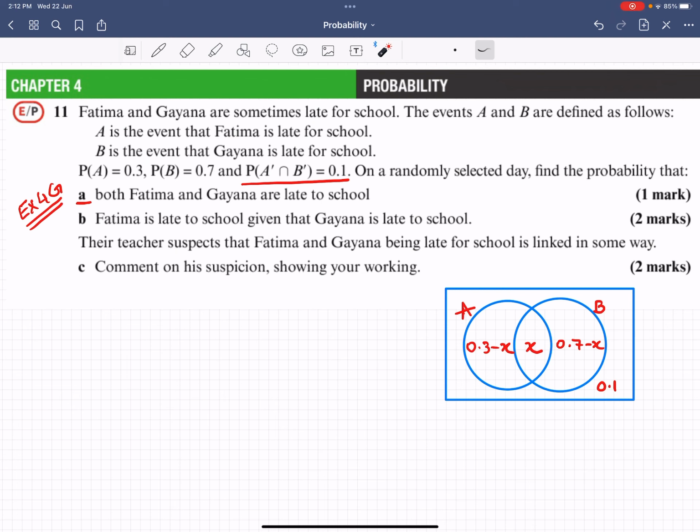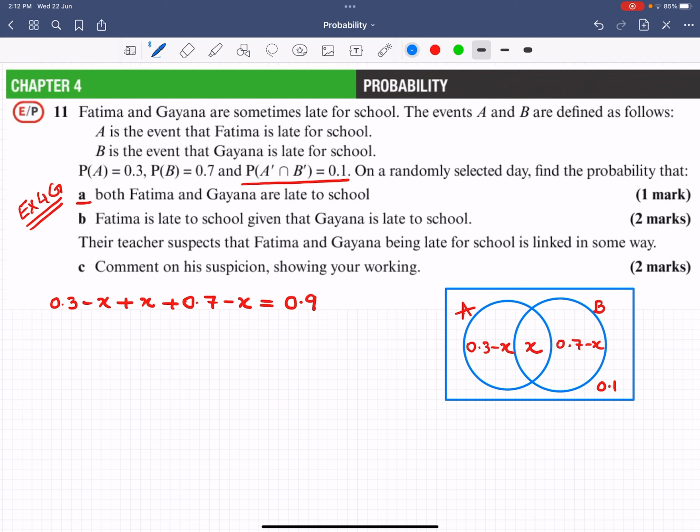Since it is given that probability outside both the sets is 0.1, therefore we can conclude that probability of A union B will be 0.9, which is 1 minus 0.1, that equals 0.9. So we can use this fact to find the probability of A intersection B. So we have 0.3 minus x plus 0.7 minus x, and that equals 0.9.